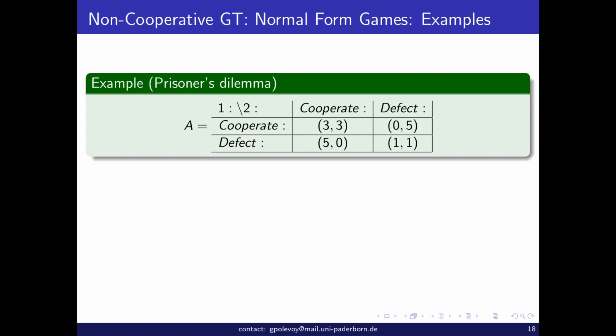And now let us look at some examples of normal form games. These are very classical games you may have heard about before. They're simple, but they definitely capture some important interactions. So one is called prisoner's dilemma.